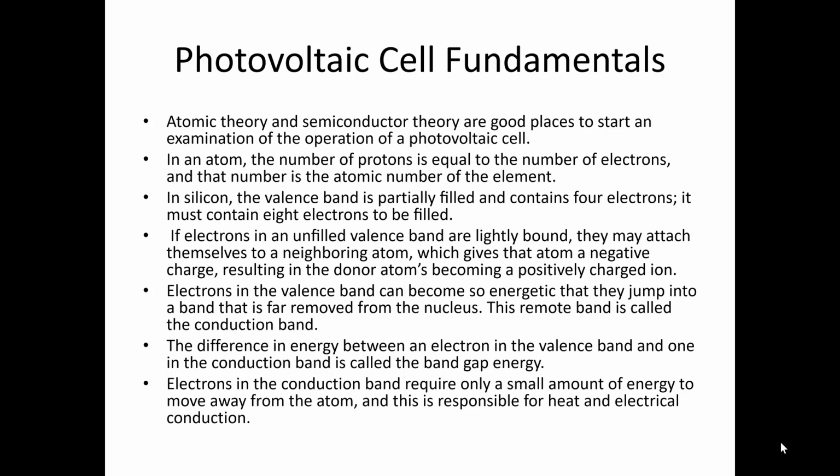This remote band is called the conduction band. The difference in energy between an electron in the valence band and one in the conduction band is called the band gap energy. Electrons from the conduction band require only a small amount of energy to move away from the atom, and this is responsible for heat and electrical conduction.